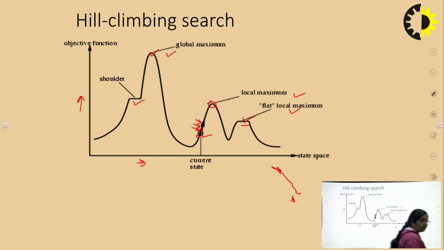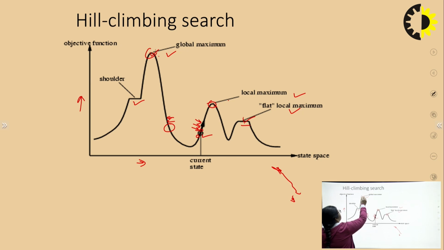Now we will not get any better solution, but it is a good solution among its surroundings. This is a local maxima. We got a solution that is good among the neighbors, better than the neighbors, but not the best solution. Why? Because we were searching in this particular area. If by chance we had selected this as the initial condition, after going on improving, we might have reached the global maxima.